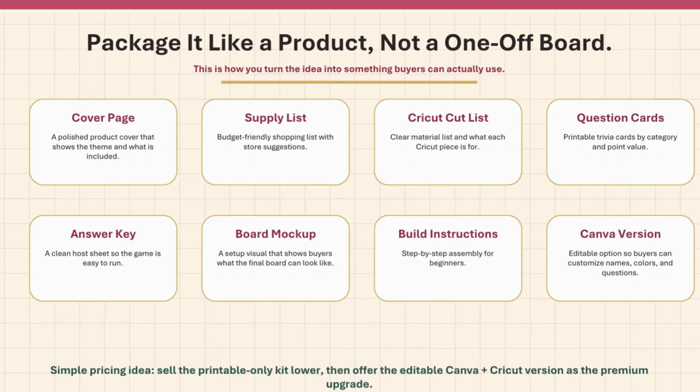Package it like a product, not a one-off board. This is how you will turn that idea into everything. You're going to make sure you have a cover list, a supply list, a Cricut cut list, the question cards, the answer key, the board mock-up, the build instructions, and a Canva version in case they want to make it edible. I've been working with that a little bit. I haven't mastered that yet.